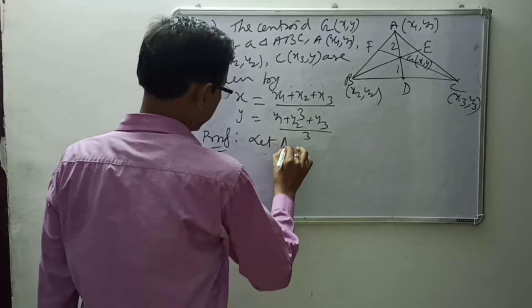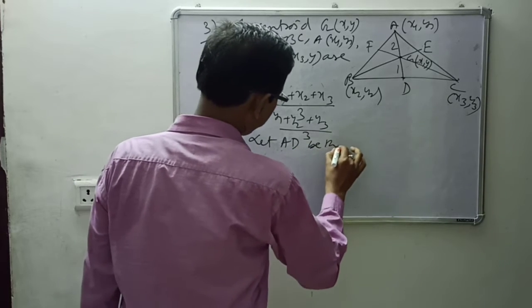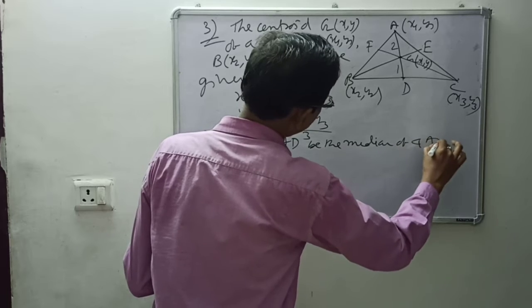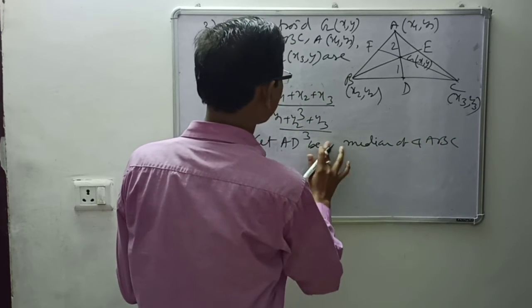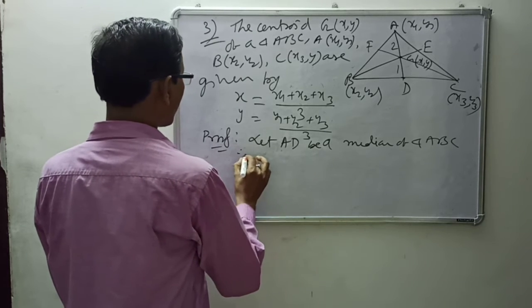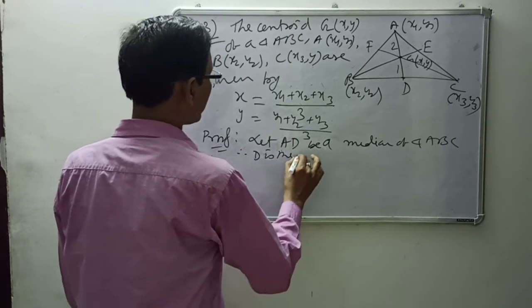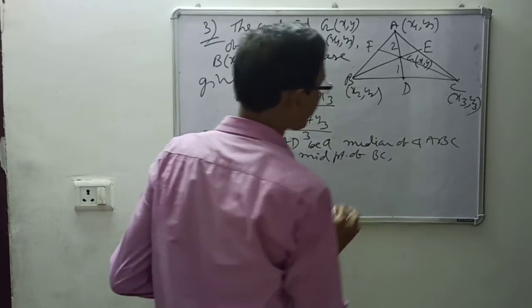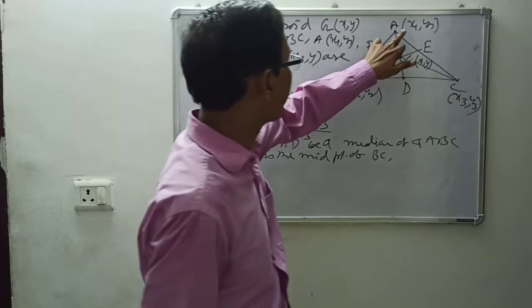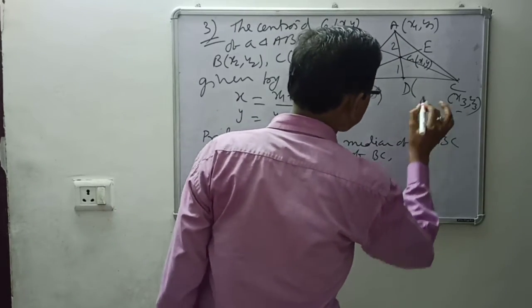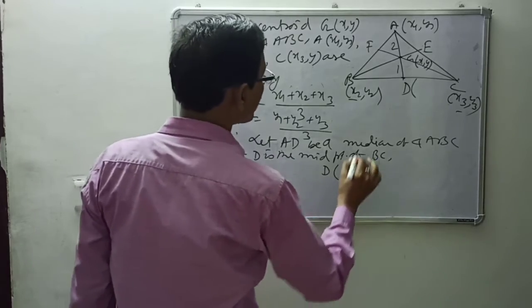Let AD be the median of triangle ABC, but any median you can say, because 3 medians we are having. But triangle ABC, that means D is the midpoint of BC. AD is the median, A is the vertex and D the midpoint. So from B and C the midpoint is D. Therefore D coordinates would be what?